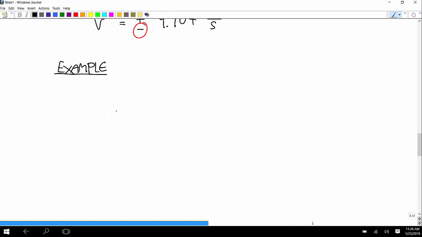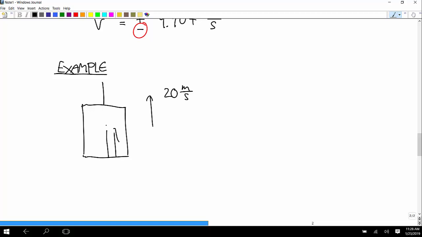Okay, so let's say that there's this crazy out of control elevator that's moving up with a speed of 20 meters per second. That's like 45 miles an hour. And the terrified passenger inside accidentally, out of fear, drops his pet ferret.